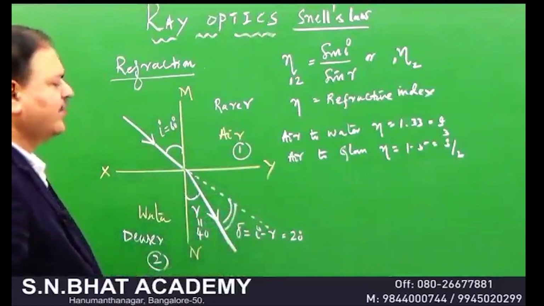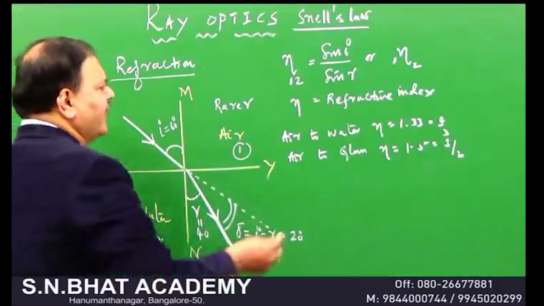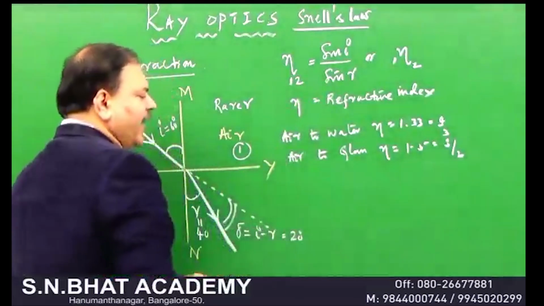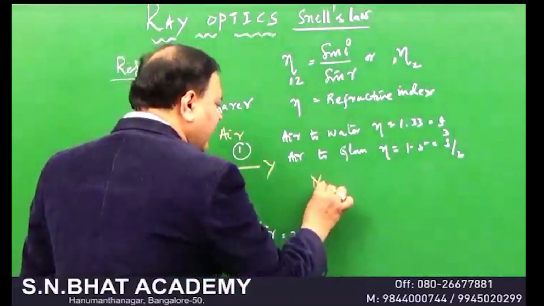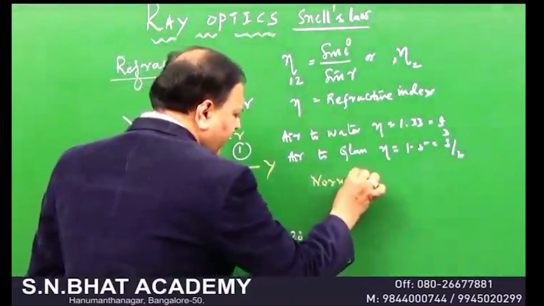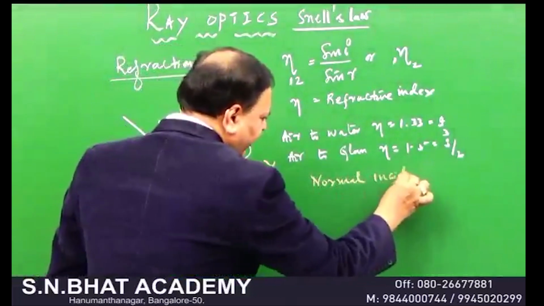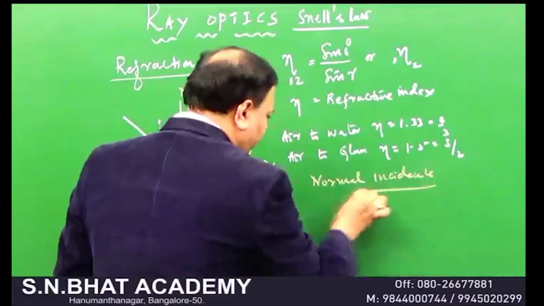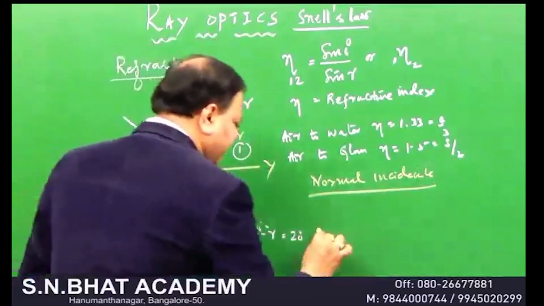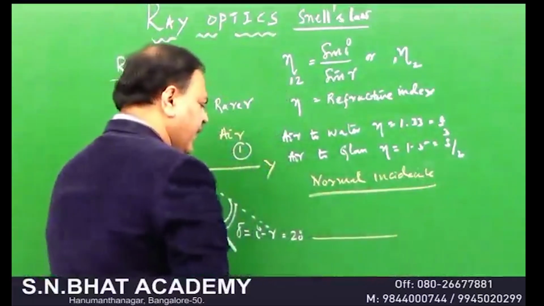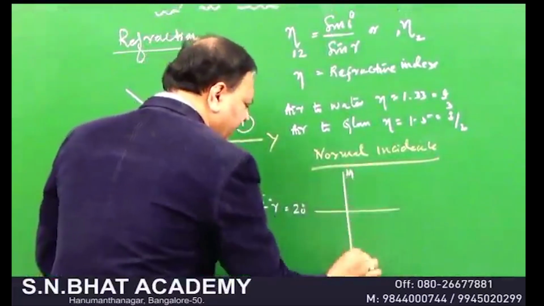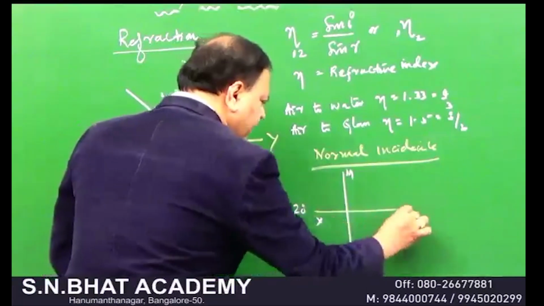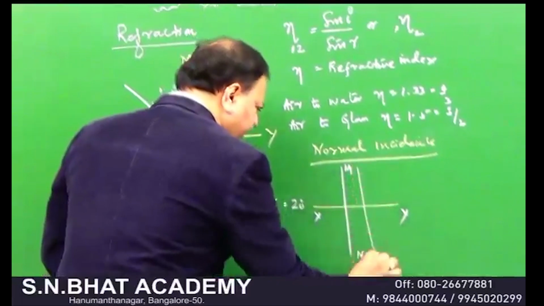Then you have what is known as the relative refractive index and the absolute refractive index. Before that, under normal incidence, remember this. Normal incidence means light is falling normally. Suppose you have this surface and this is the normal, and the light falls normally on the surface.